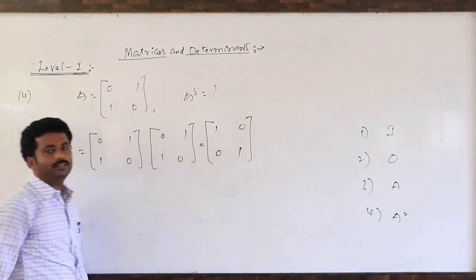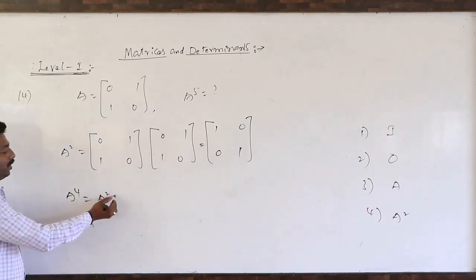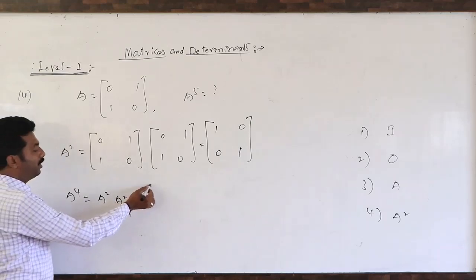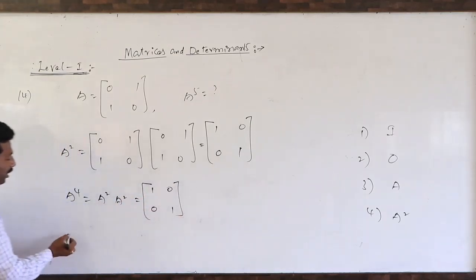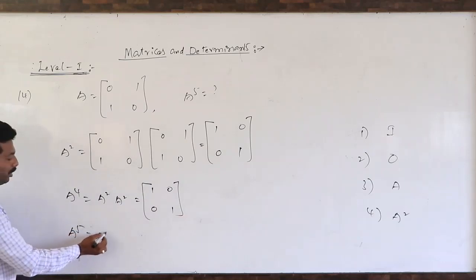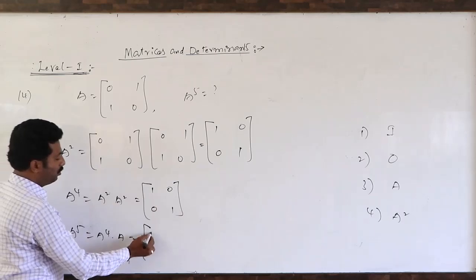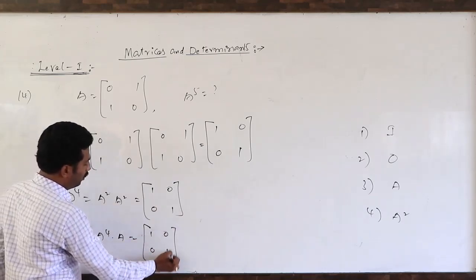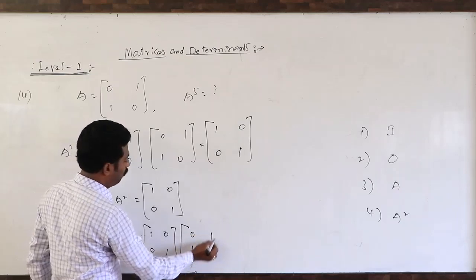So identity matrix we got. A power 4, nothing but A square into A square, again identity matrix 1, 0, 0, 1. A power 5, so A power 4 into A. So A power 4 means 1, 0, 0, 1, A means 0, 1, 1, 0.